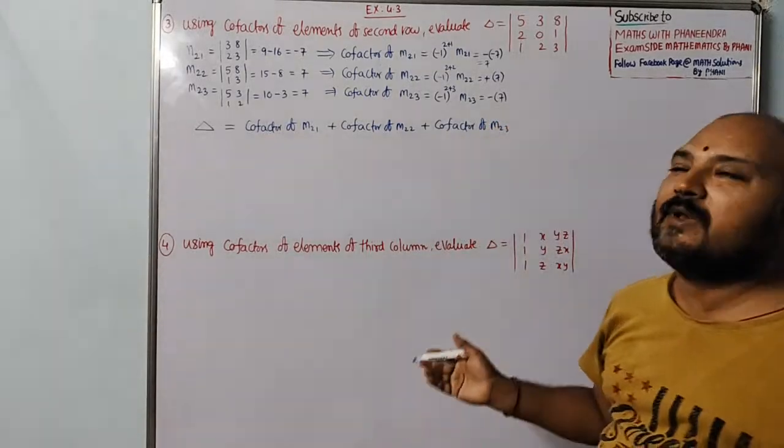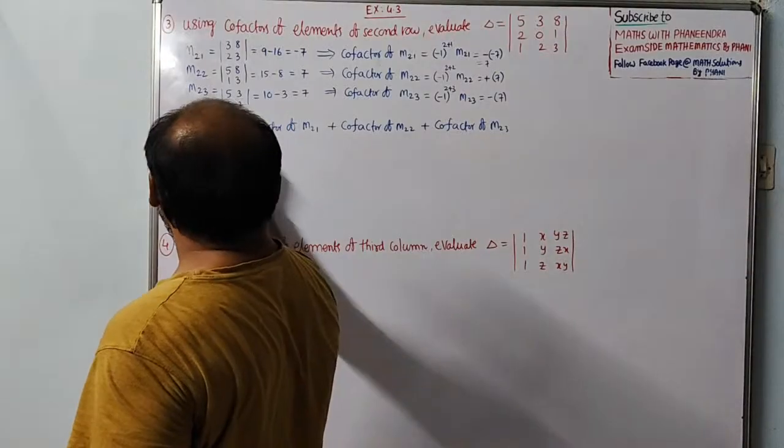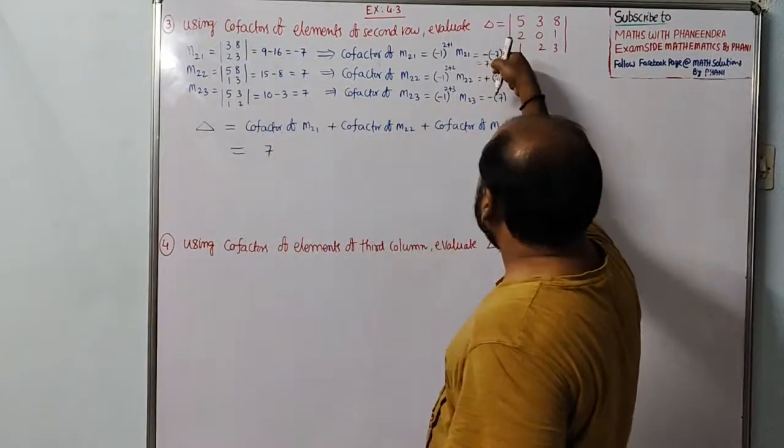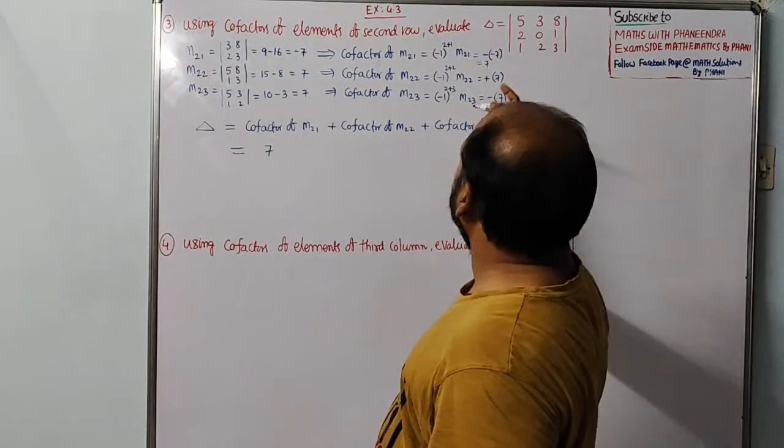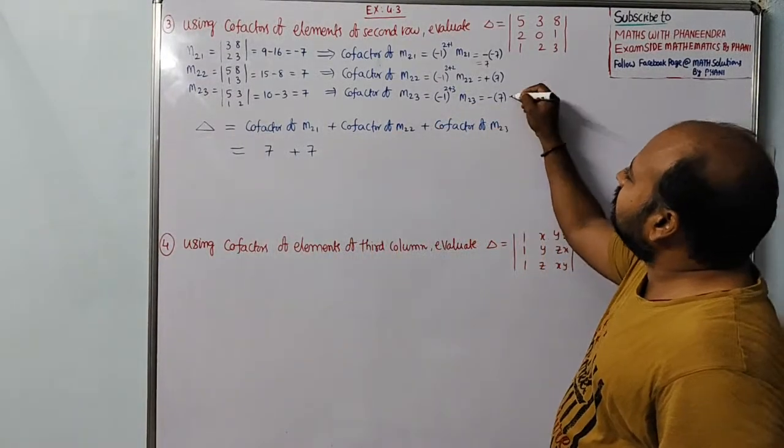Just add them and you will get the determinant, students. What is the cofactor of M21? Minus into minus 7 is plus 7. Next, the cofactor of M22 is plus 7. The cofactor of M23 is minus 7.